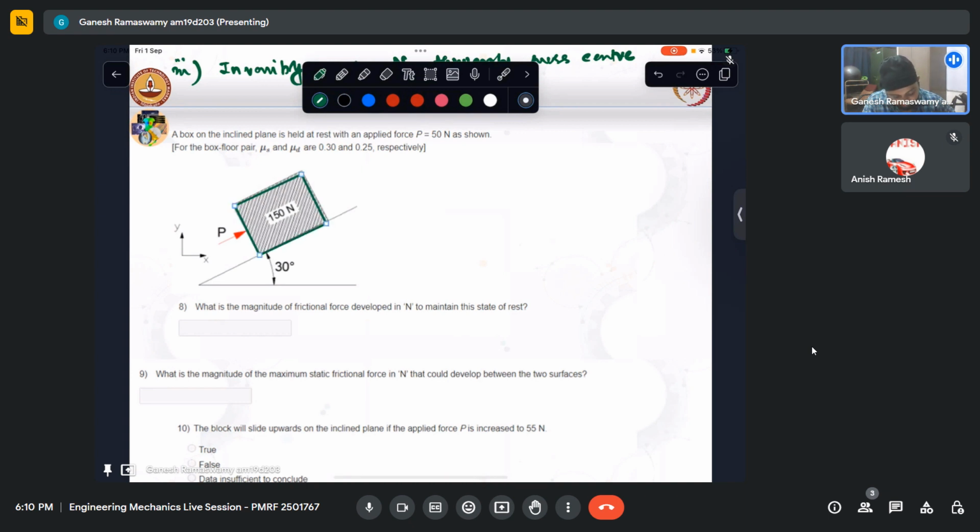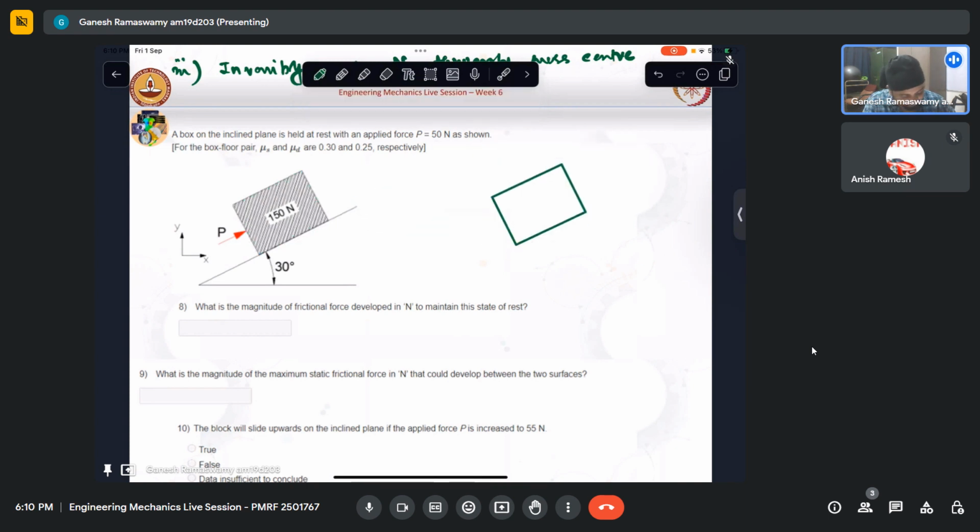So let us draw the free body diagram of this box. I have mass mg acting here, and then let this angle be theta. So this will come out to be mg cos theta.